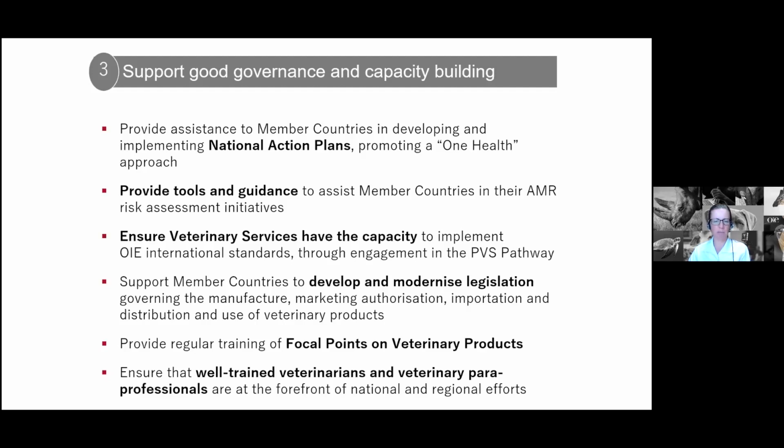So each member has a focal point for veterinary products, and we provide regular training for these focal points on various issues relating to veterinary product use and antimicrobial resistance. And we will ensure that we have well-trained veterinarians and veterinary paraprofessionals that are really very much involved in national efforts.